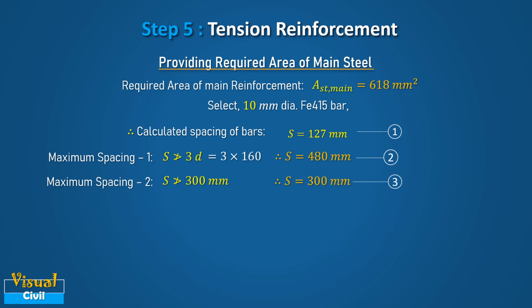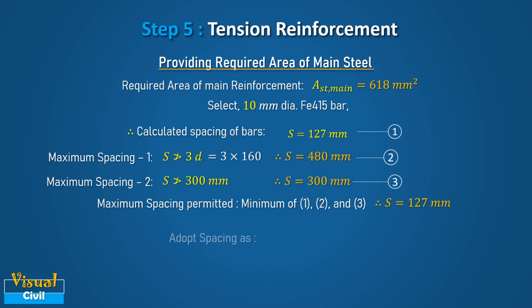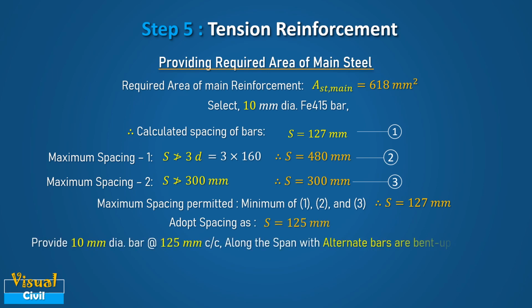Now maximum spacing is equal to the minimum value of the first, second and third value of the spacing. This is equal to 127 mm. Adopt the spacing of the bar as 125 mm. Provide 10 mm dia bar at 125 mm center to center along the span with alternate bars bent up at support. Thus, the total area of the main steel provided is equal to 628 mm squared.